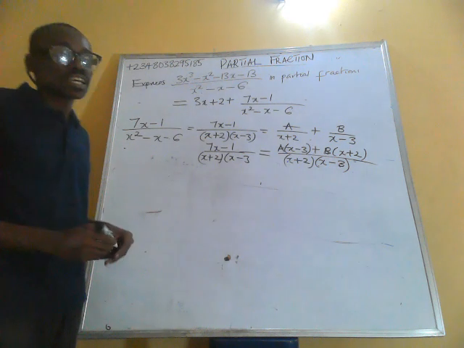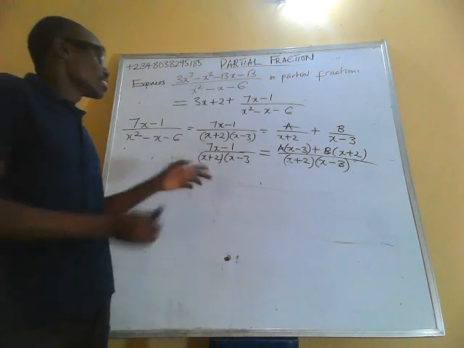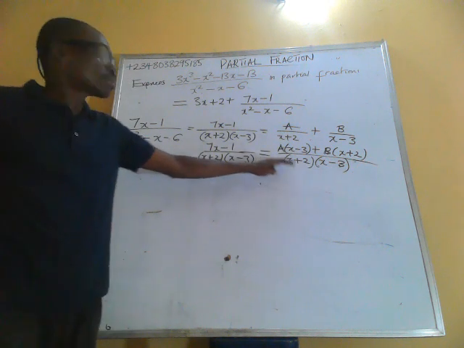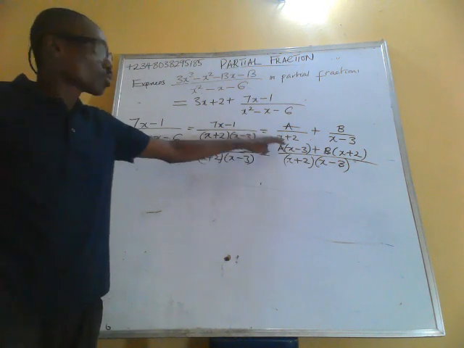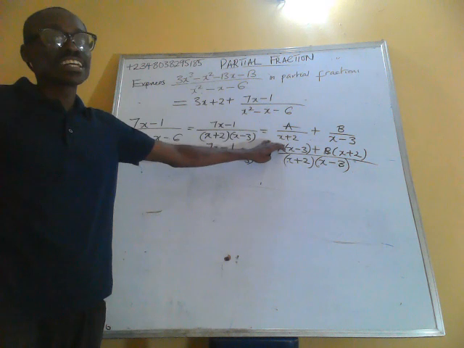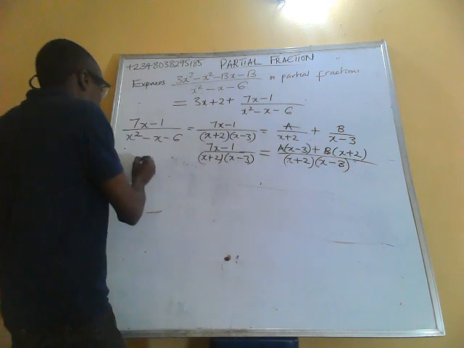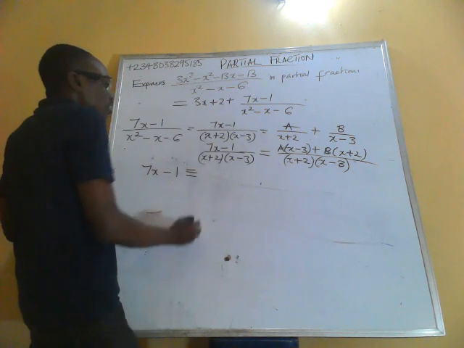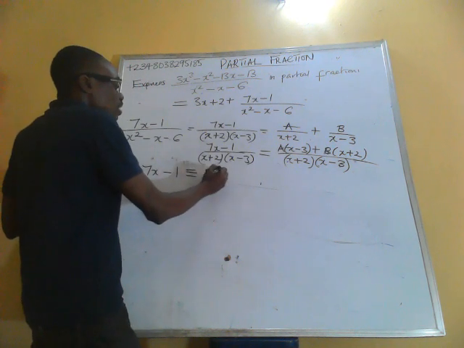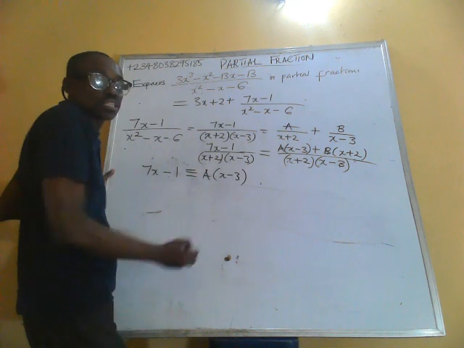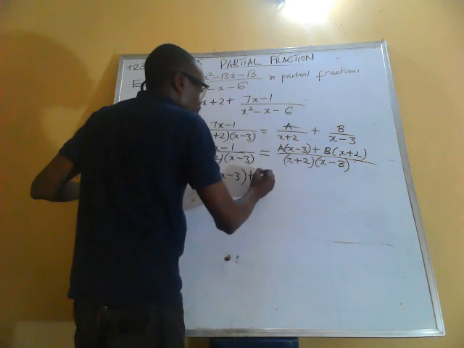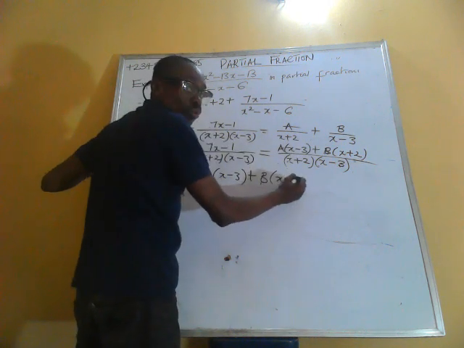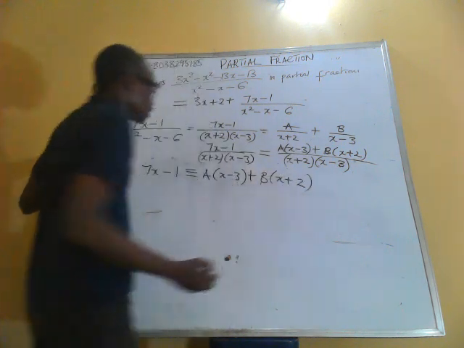Since the denominator is equal to the denominator, it invariably means the numerator is also equal to the numerator. This is an identity. So we can say that 7x minus 1 is the same thing as A into (x minus 3) plus B into (x plus 2).